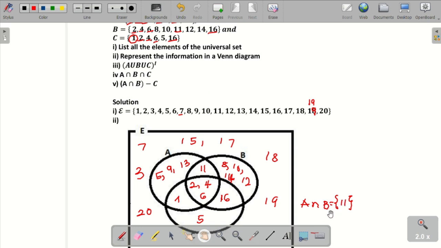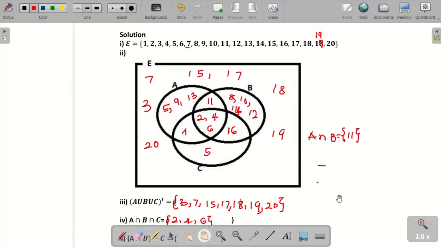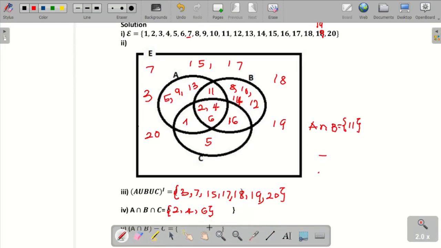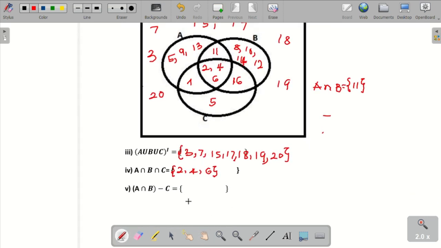Then A intersection B, the element is just 11. So (A intersection B) minus C simply means those elements in A intersection B that are not in C. So the element here is just 11. The difference of two sets means those members that are in A intersection B but not in C, which is just 11.